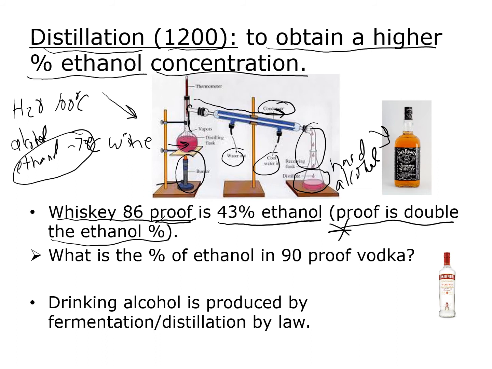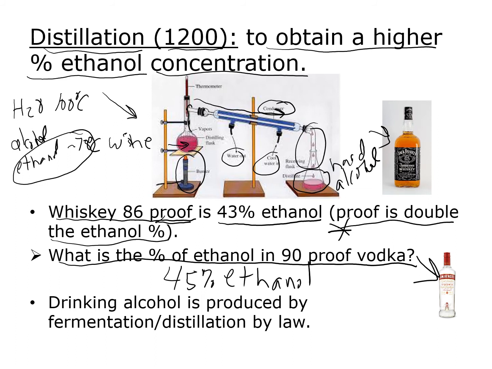If I ask you a question such as, what is the percent of ethanol in 90 proof vodka? It would just be half of 90, and that would be 45% ethanol. Generally, your hard alcohols contain between 35 to 50% ethanol. But obviously, the highest proof you could get would be 200 proof, and that would be 100% ethanol.